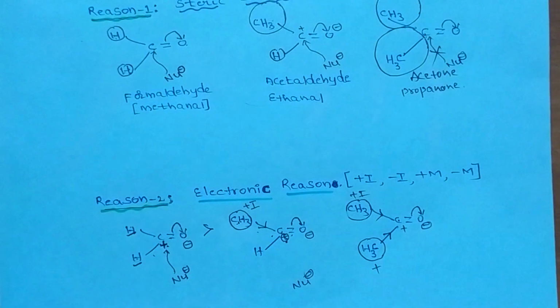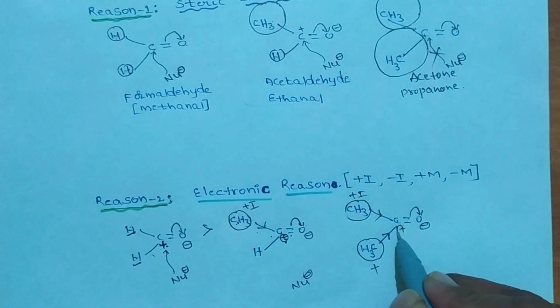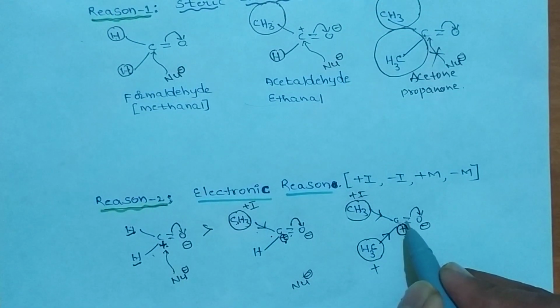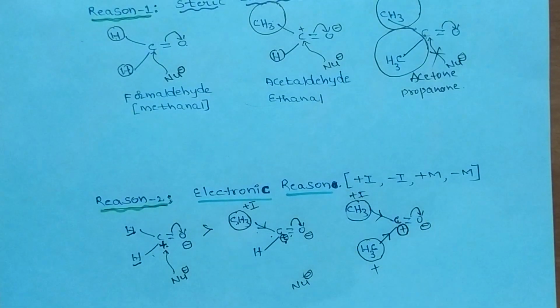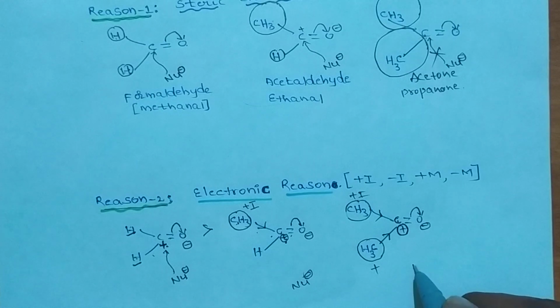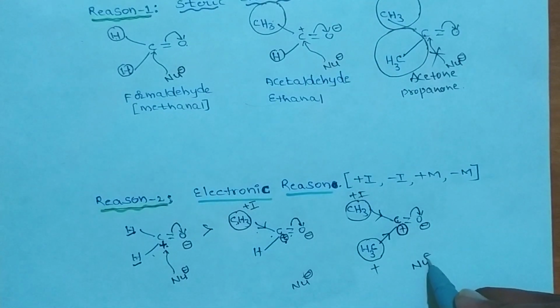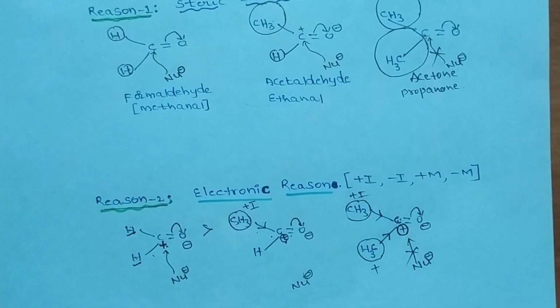Both are giving electrons to the carbonyl carbon. So the positive charge on this carbonyl carbon is very, very less. So the carbon has less positive charge, which means attacking of the nucleophile is very difficult.